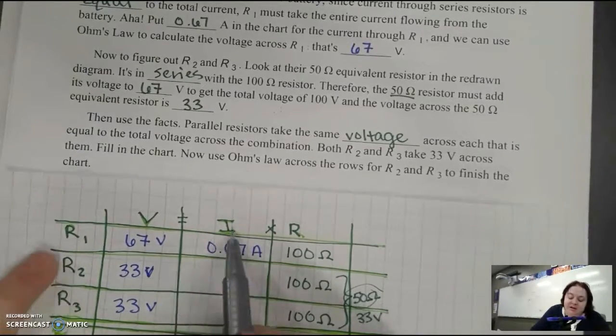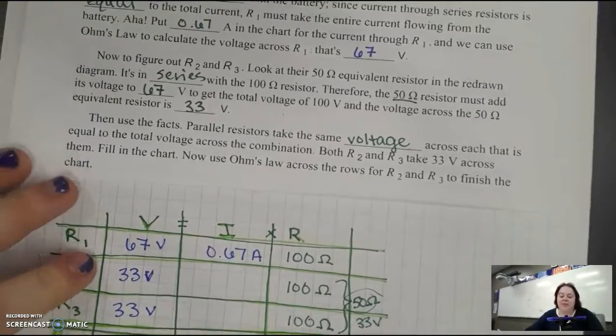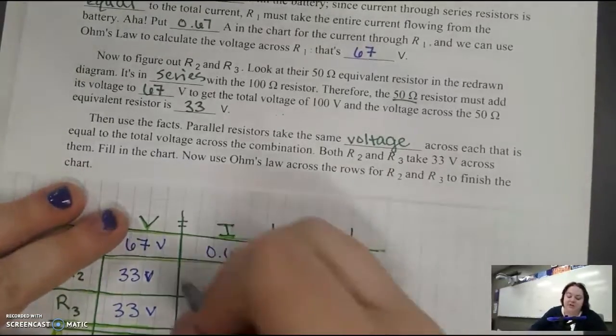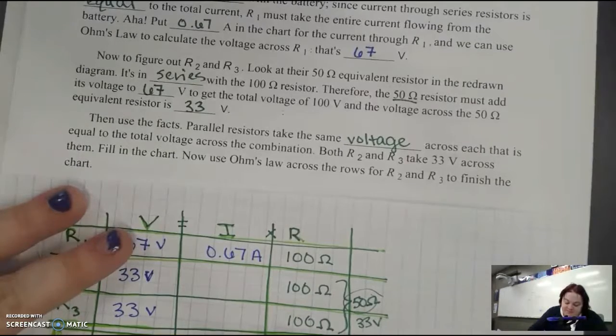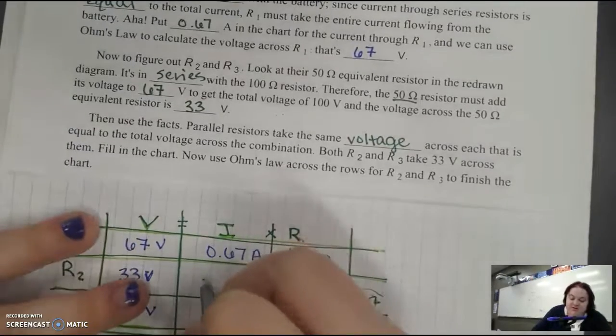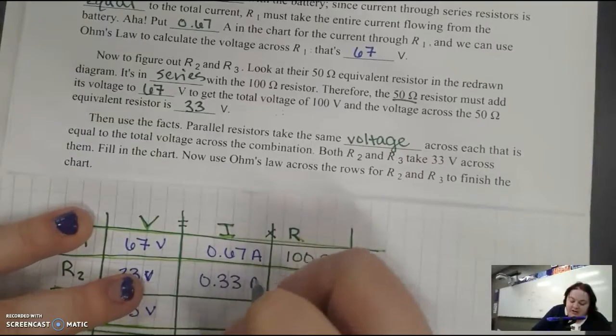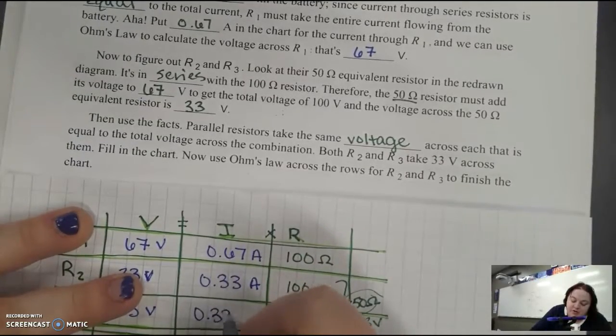Now, the currents here are going to end up being the same because the resistors are the same. So we have 33 equals I times 100, so I is 0.33 amps and 0.33 amps.